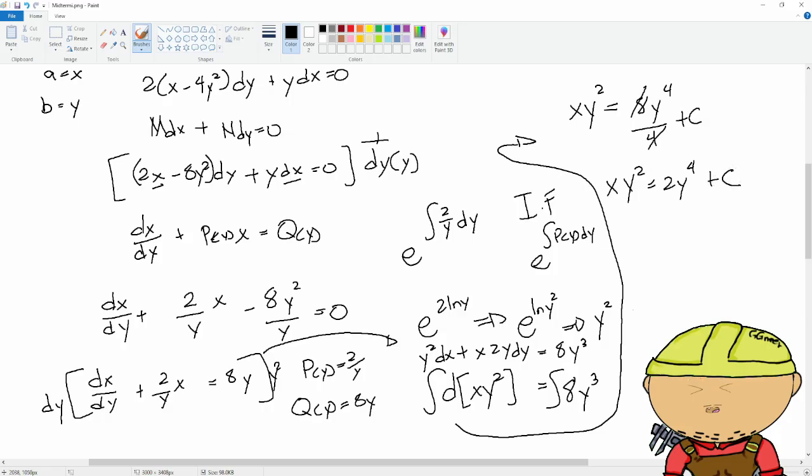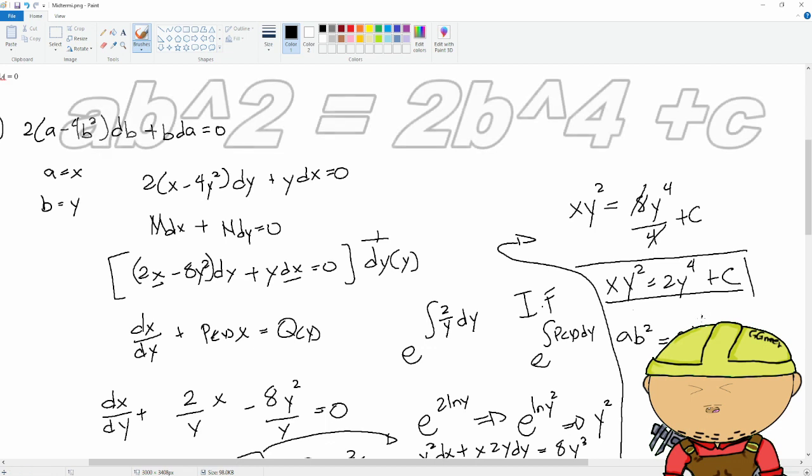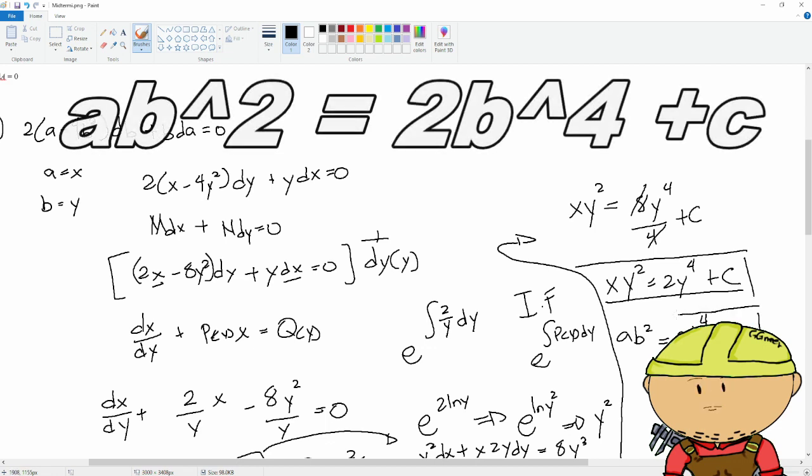That is already the simplified form, so we'll take it as that. But transform it back to the original variables. If x is a and y is b, then a b squared is equal to 2b to the fourth plus c. That is our general solution.